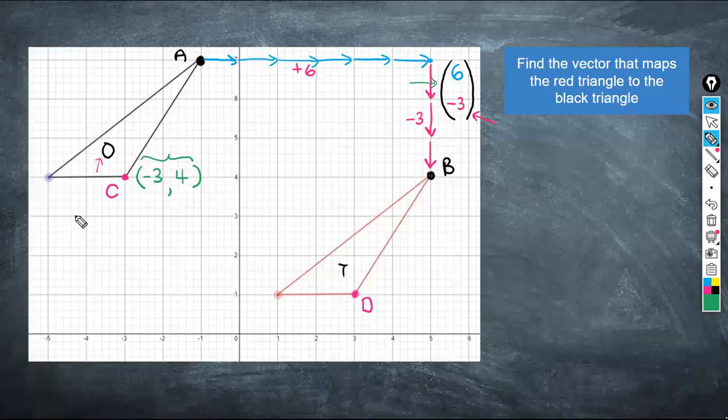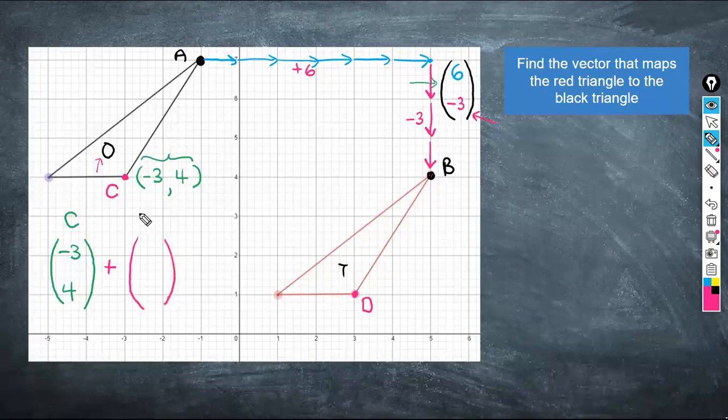All right, so here's what you're going to do. We're going to take point C, but we're going to write it vertical. I think we all are accustomed to this now. Whenever we're taking points and we're going to apply a transformation or a translation, we always write it vertical. So the minus 3, the X value, goes on top and the Y value goes underneath. Let's apply the translation. So we're going to add the translation.